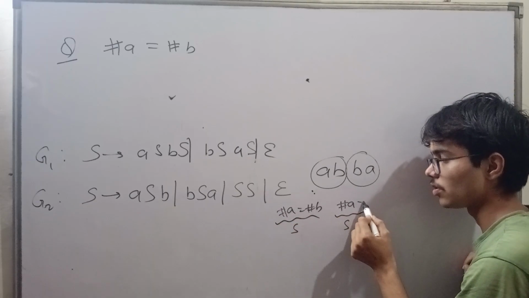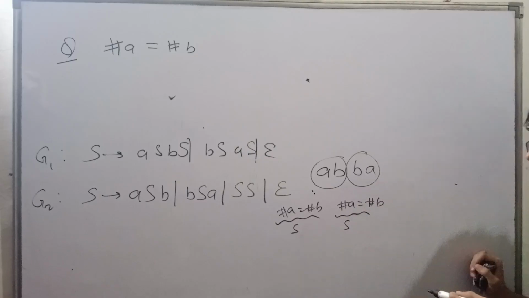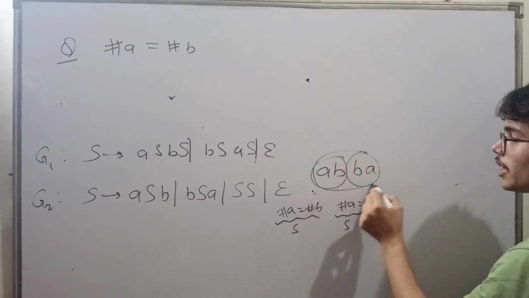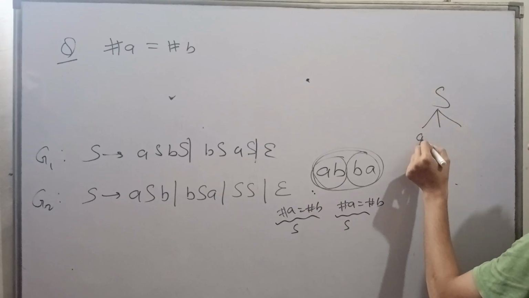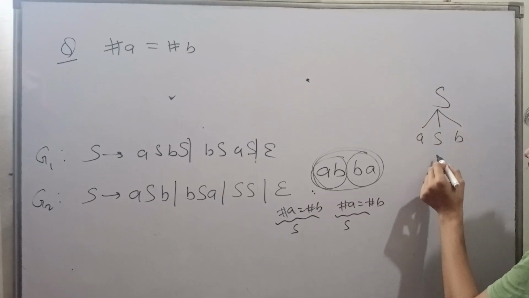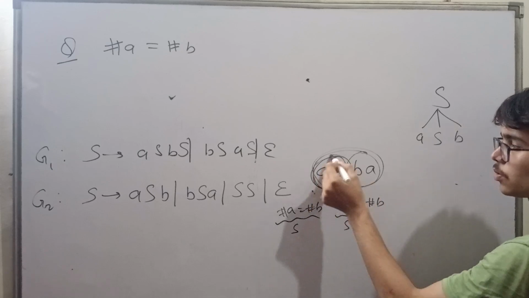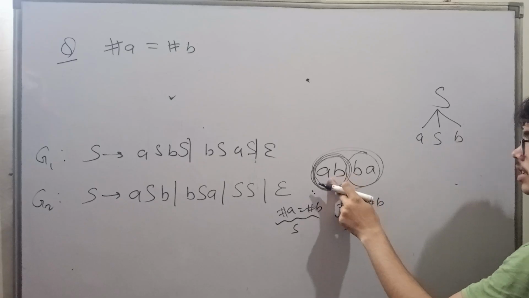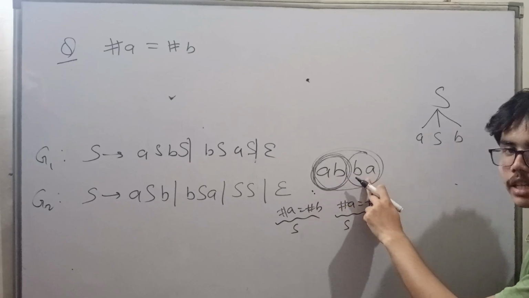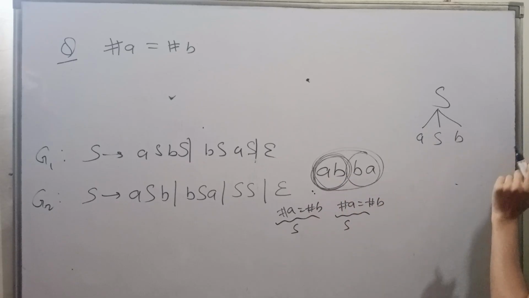What problem came in using this? If you write S, you can write A S B. Okay, from here you are stuck. You just take this, but you are unable to generate BA from here. So what was the problem here?